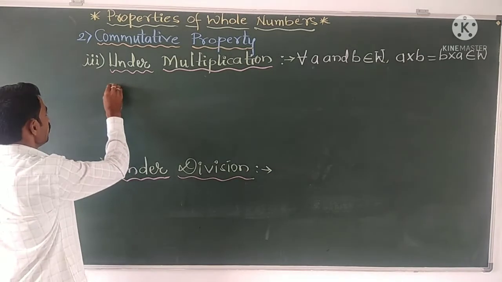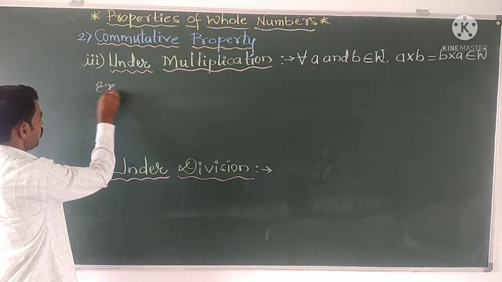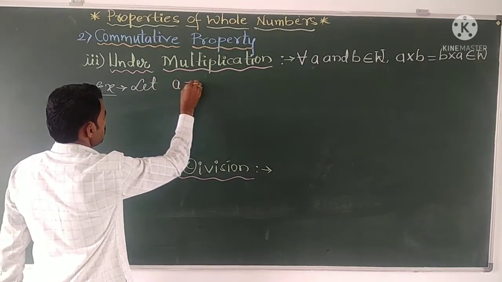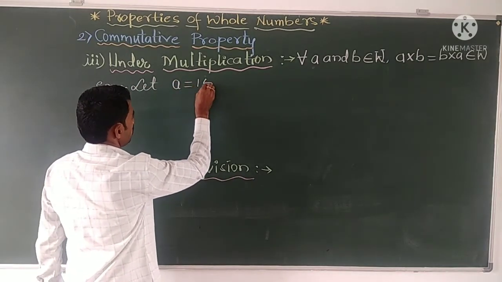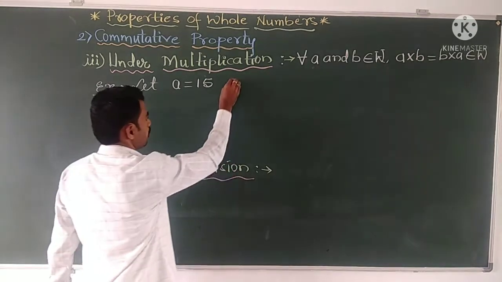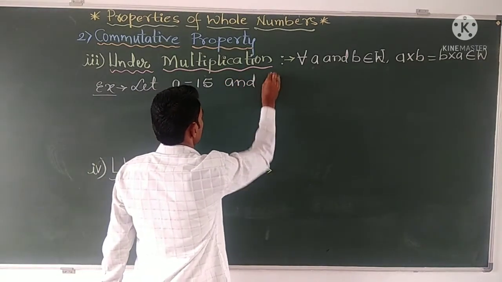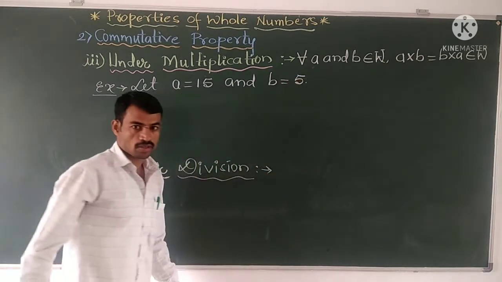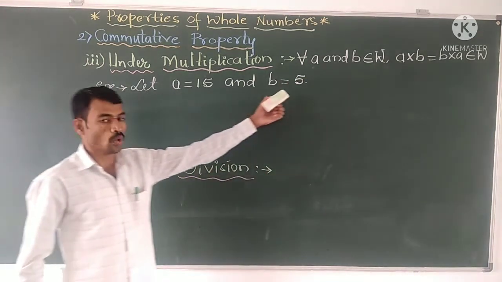So here we have to take one example. Let A equal 15, one whole number, and B equal 5, another whole number.